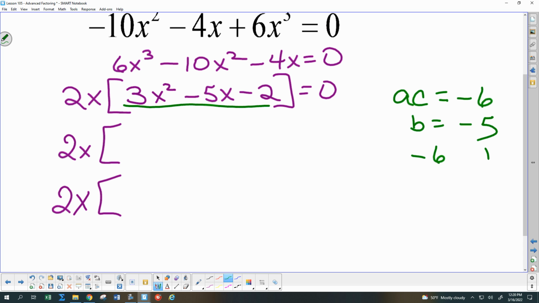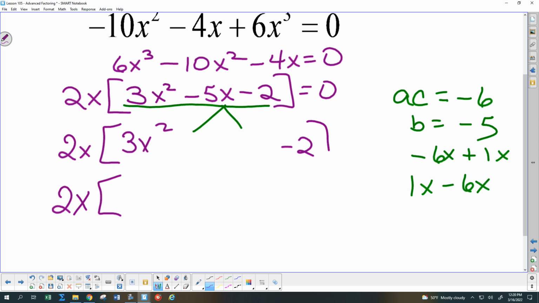Everybody good with that? That means -6x and +1x, or +1x and -6x. That's what I need to change my middle term to. I'll keep the 3x squared, and I'll keep the -2.